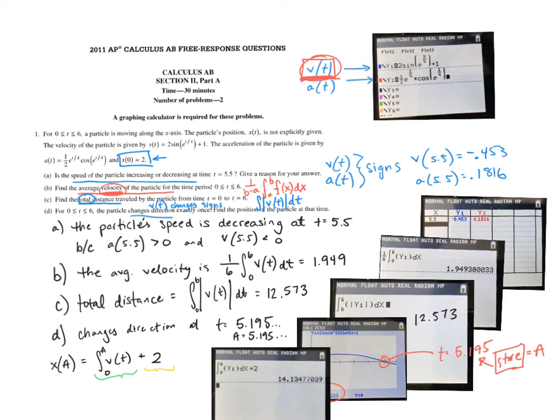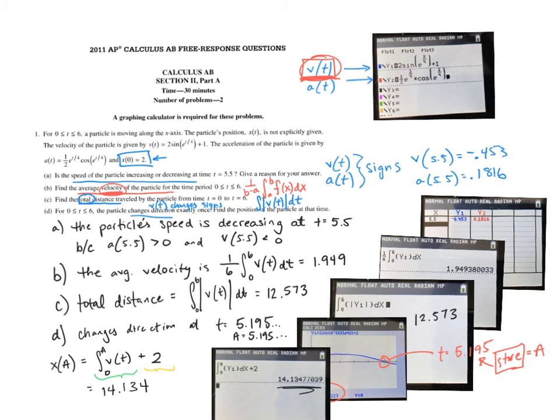All right, and I plugged all that in my calculator, and I found that I'll have a position of 14.134. So I'm that many units away from the origin at the first time I changed direction.